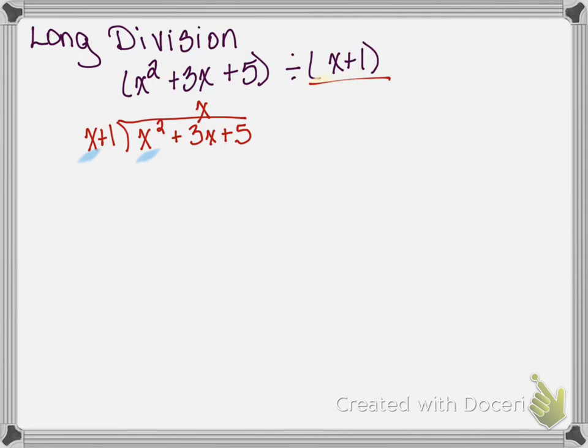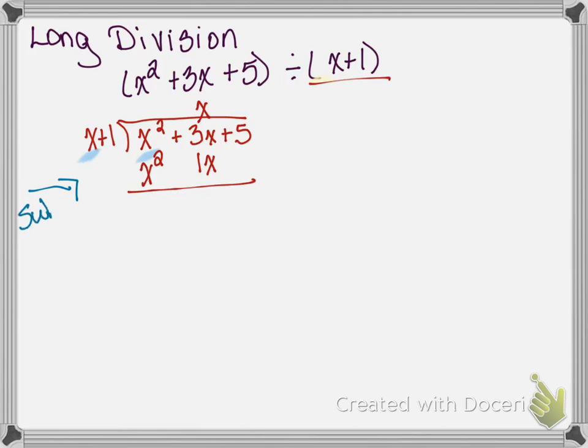x times 1 is 1x. x times x is x squared. Now, this is where students make mistakes, right here. What are we doing here? Subtracting. That's where students make mistakes.